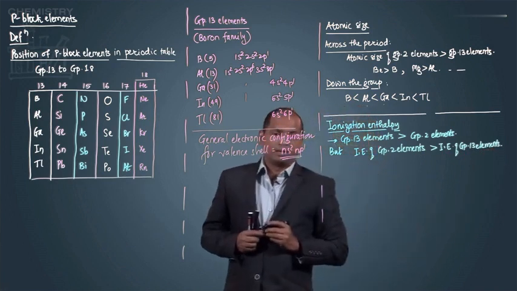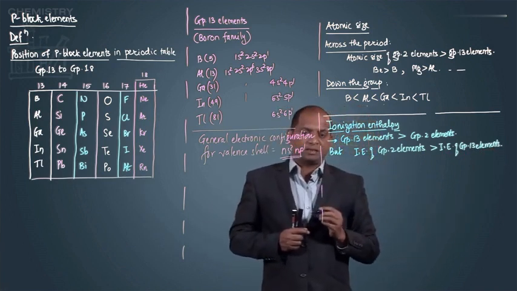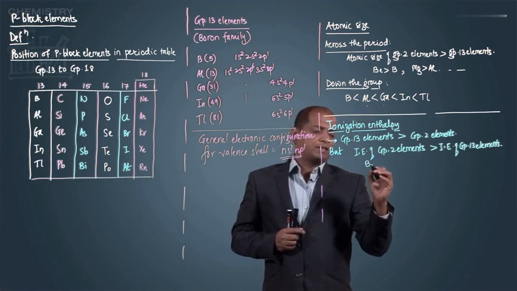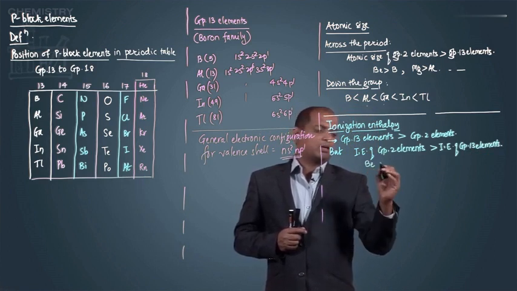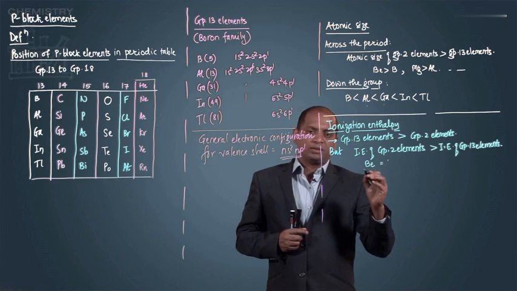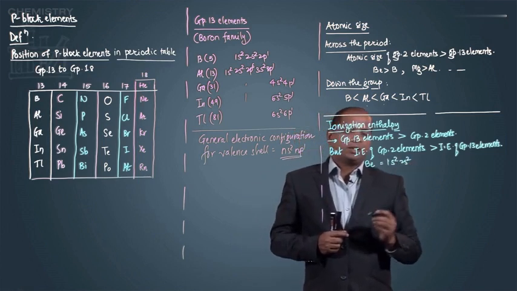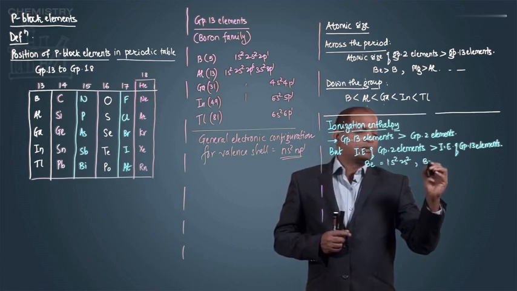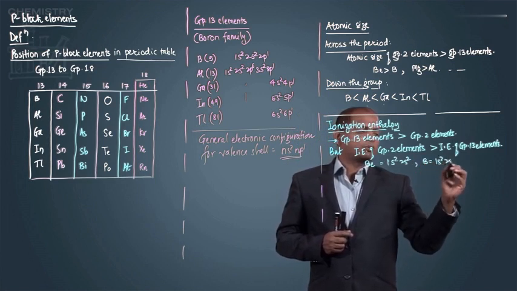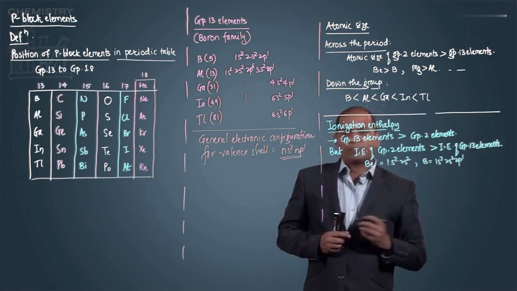Now what is the reason behind it? So let us consider an example. If we consider beryllium, its atomic number is 4, so its electronic configuration is 1s2, 2s2. Now if I consider boron, the electronic configuration is 1s2, 2s2, 2p1.